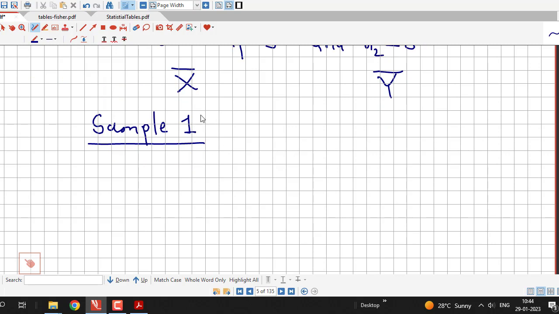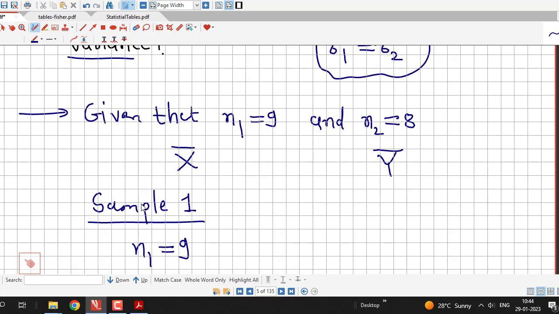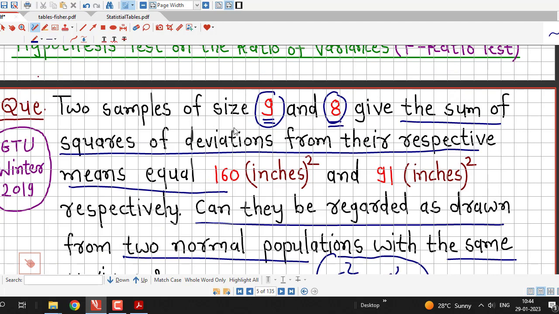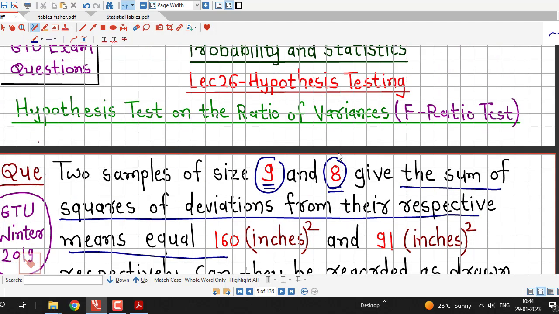So for first sample we are using capital X, and the sample size is n1 equal to 9, and we are given the sum of squares of deviations from their respective means.